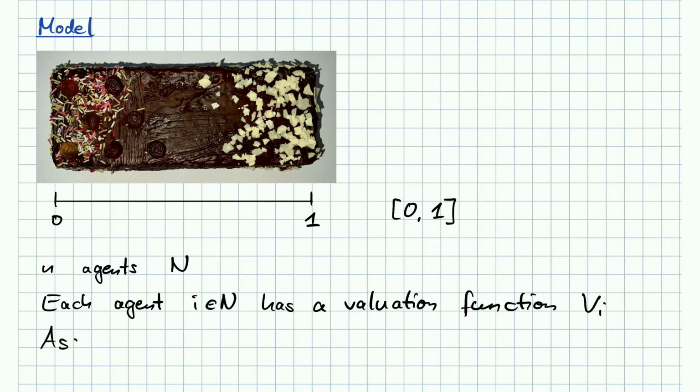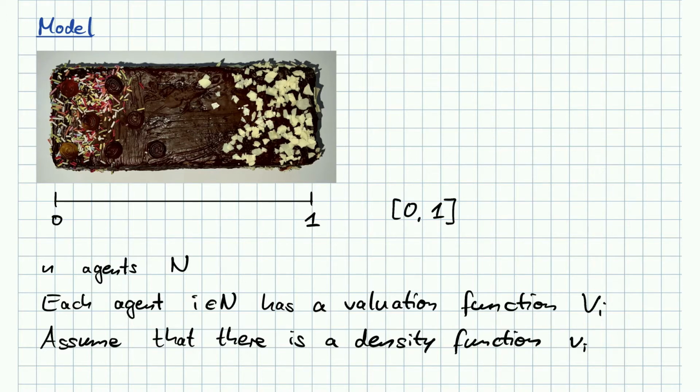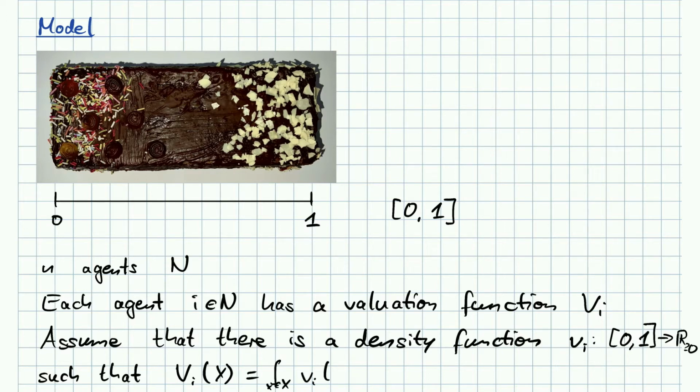And we'll assume that there is a density function, small v_i, which maps from [0,1] to the non-negative reals, such that capital V_i of X is given as the integral over all x in X of this small v_i of x.